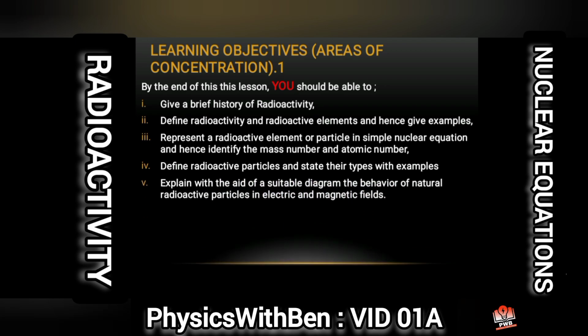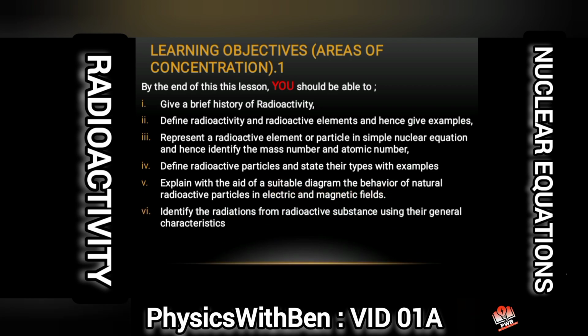You should be able to explain with the aid of suitable diagram the behavior of natural radioactive particles in electric and magnetic fields. You should be able to identify the radiations from radioactive particles, especially the natural radioactive particles, their general properties or characteristics.